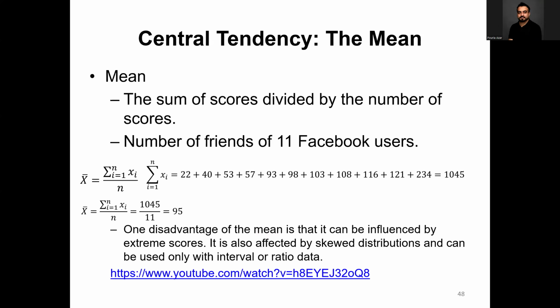If we want to get the mean, we need to add up the number of friends of all those 11 users and then divide that by 11, which gives us 95. There's a disadvantage of the mean, which is it can be influenced by extreme scores. It is also affected by skewed distributions and can be used only with interval or ratio data.